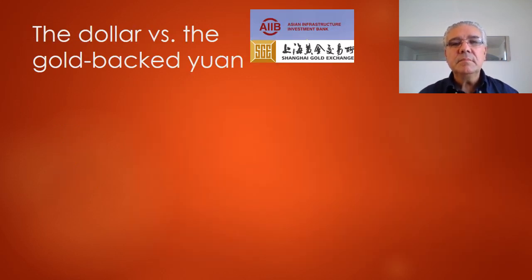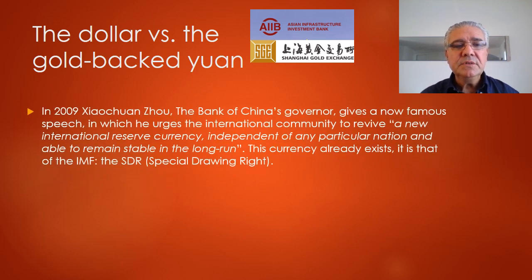Now let's look at some new strategies that are pursued by China. In 2009, Zhou Xiaochuan, the governor of the Bank of China, gives a very famous speech in which he urges the international community to revive a type of currency, a new international reserve currency, independent of any particular nation and able to remain stable in the long run.